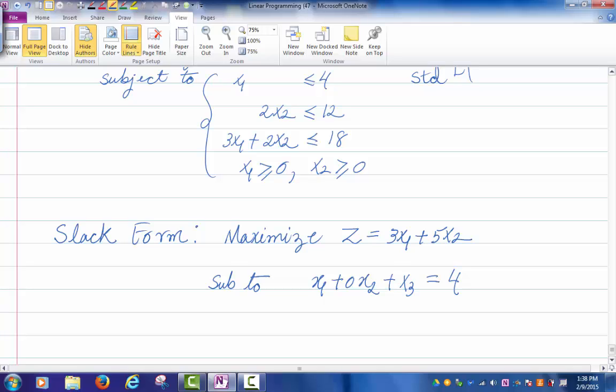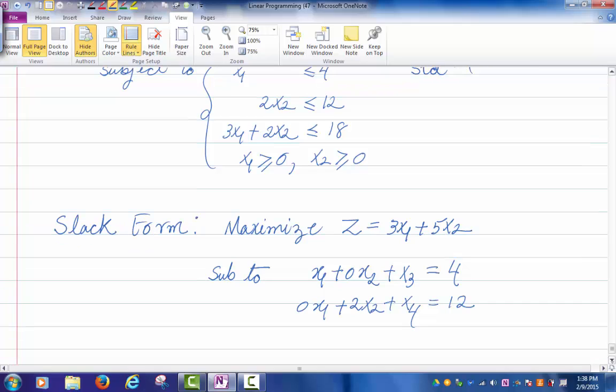And then for the second constraint, we do the same thing. I have 0x1 plus 2x2 plus a new slack variable x4, replacing the inequality with equality. And the third one, I have 3x1 plus 2x2 plus x5 equals 18.